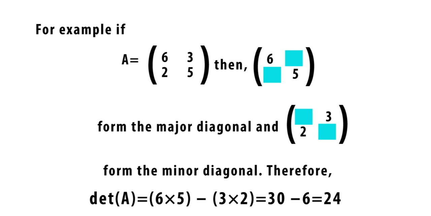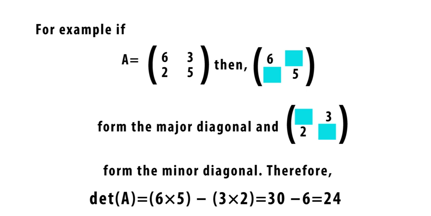Therefore, the determinant of A is equal to 6 multiplied by 5 minus 3 multiplied by 2, which is equal to 30 minus 6, and that will give us 24.